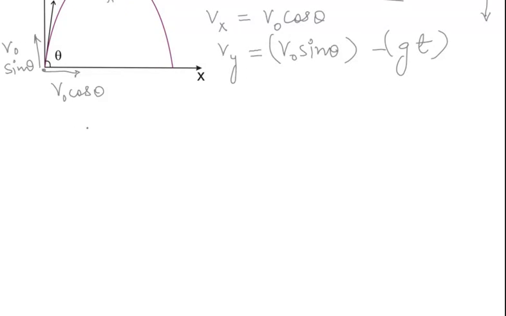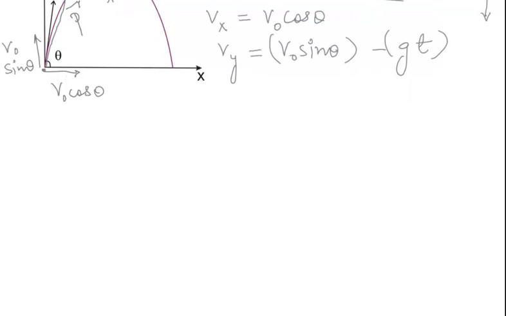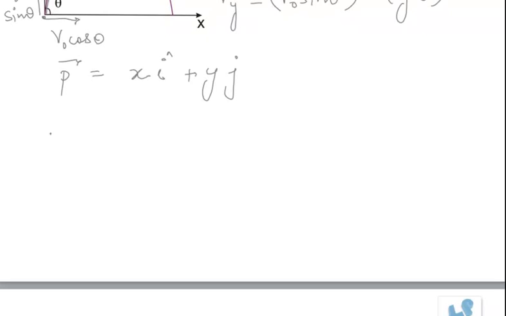Now the position vector, that means from this point to this point. Position vector p will be given by x i cap plus y j cap. Now what is x? x is v naught cos theta, the velocity in the x direction, which is a uniform velocity.